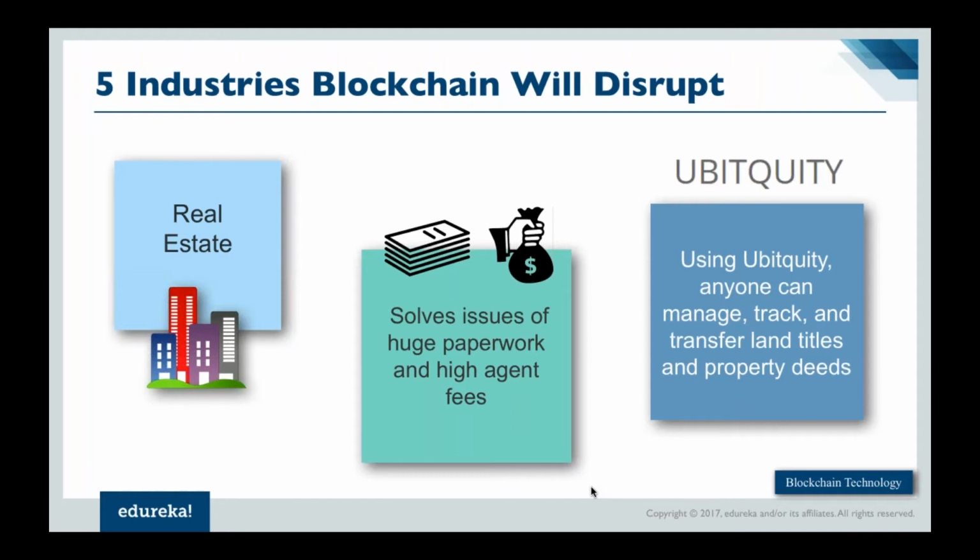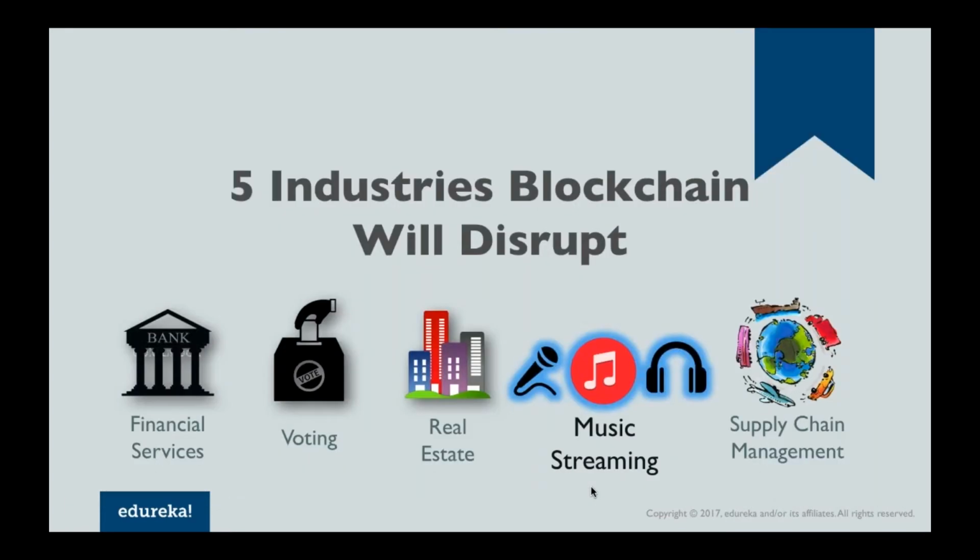Another use case which is very popular, and a few solutions are already built, is in the music streaming area. We know there are a lot of issues in the music industry right now, not just in Bollywood but across the globe, where there are creators who create music. There is a singer, there is a musician, there is a whole group of people who are involved in creating the music.